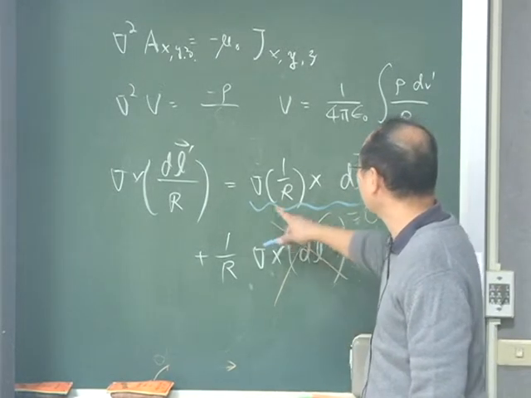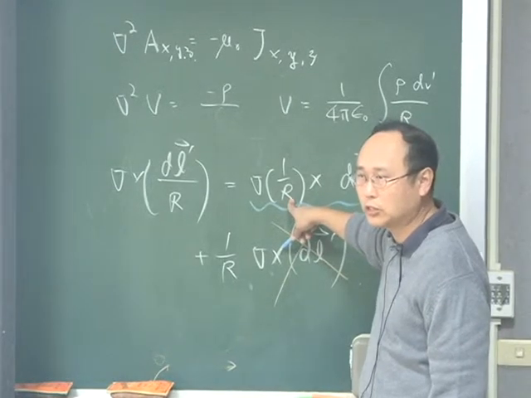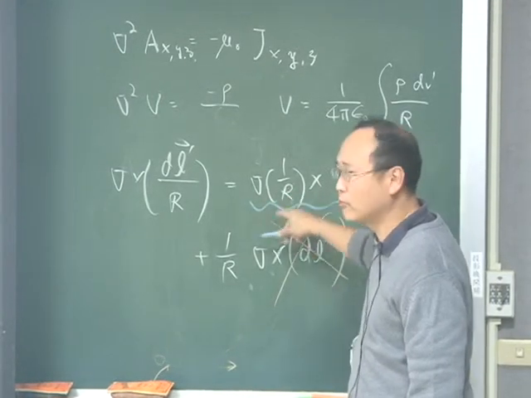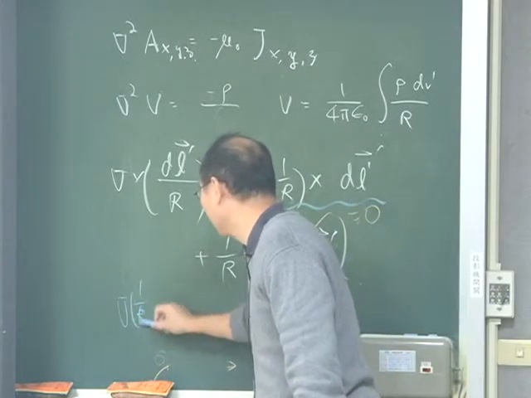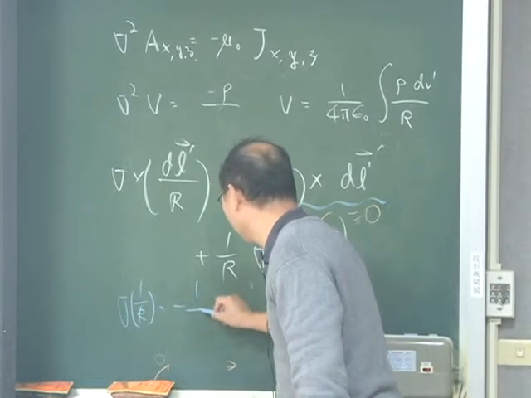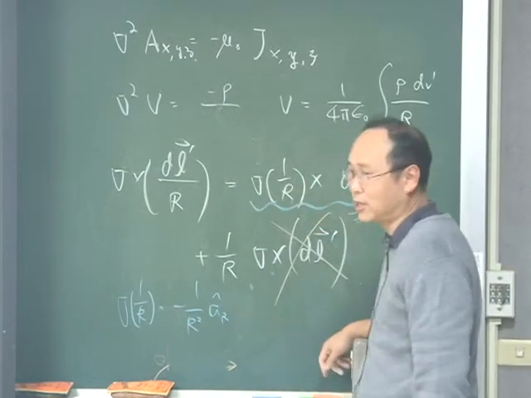Here R is defined in the unprimed coordinate system, so the gradient of 1 over R is equal to minus 1 over R squared a R along the R direction.